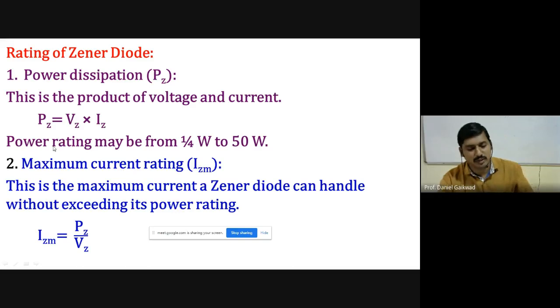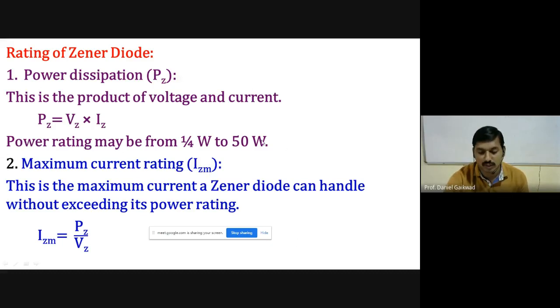Now number second, also very easy, the maximum current rating, IZM. This is the maximum current the Zener diode can handle without exceeding its power rating. That is called the current rating, or maximum current rating IZM.